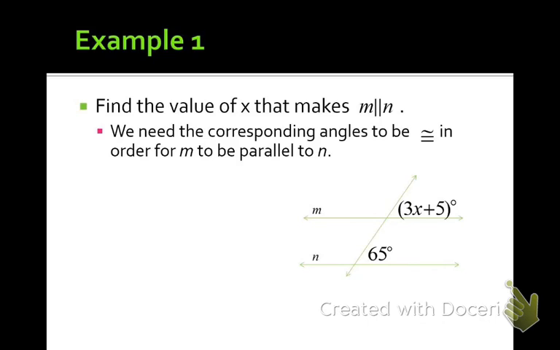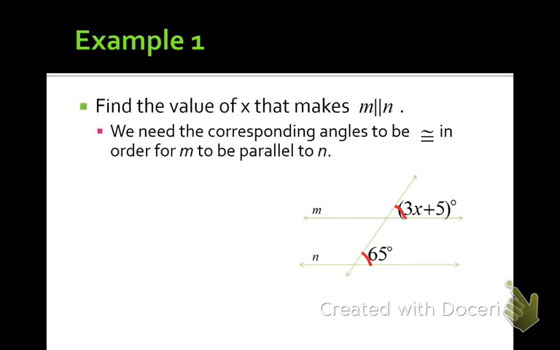So some ways that we can use this postulate to help us figure out if lines are parallel, right? So here we can find the value of x that would make these two lines parallel. Well, we just saw that if the corresponding angles are congruent, then the two lines are going to be parallel. So we would need these guys right here to be congruent.